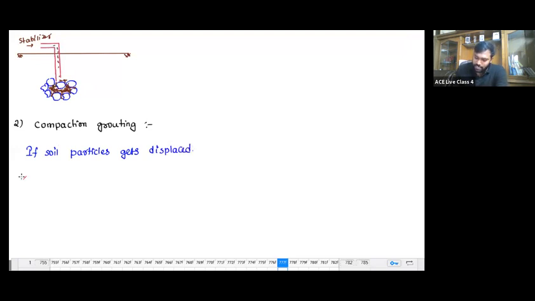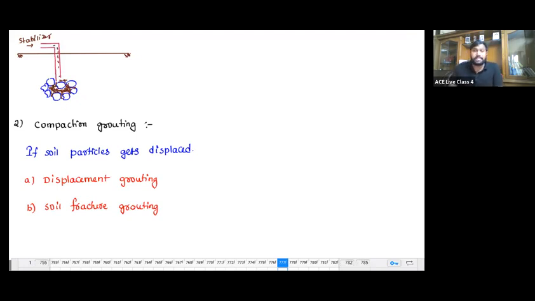And in that again, we are going to see two types: displacement grouting and the second one is soil fracture grouting, or hydraulic fracture.